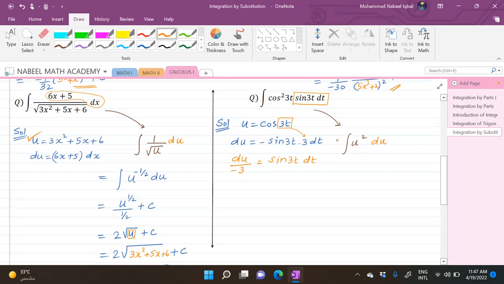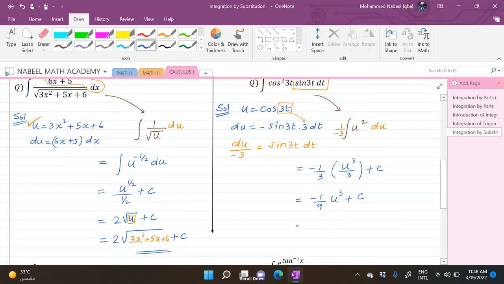I will take the minus 1 over 3 outside the integral. If you integrate this, you will have u to the power 3 over 3 plus c. Now when you multiply, you will have minus 1 over 9 u to the power 3 plus c.